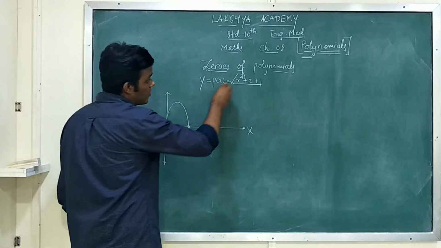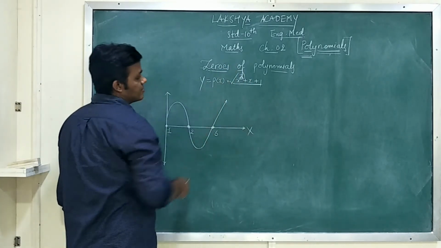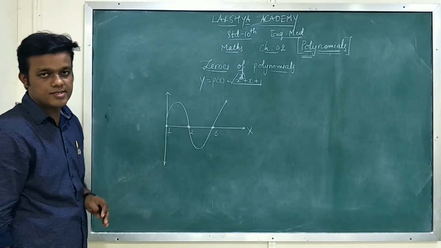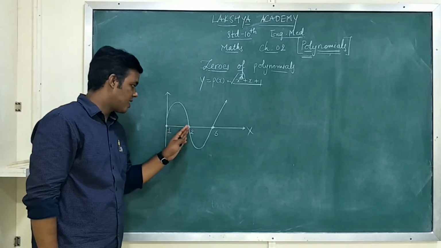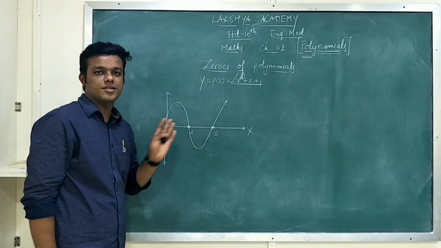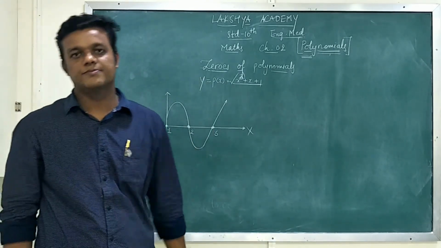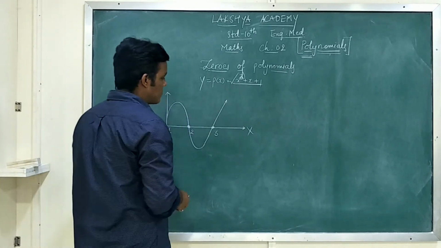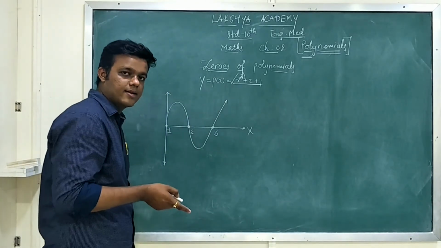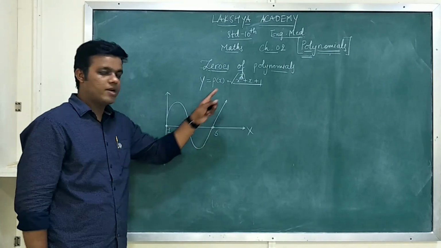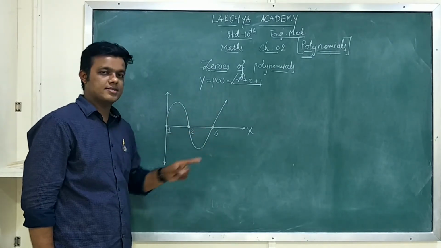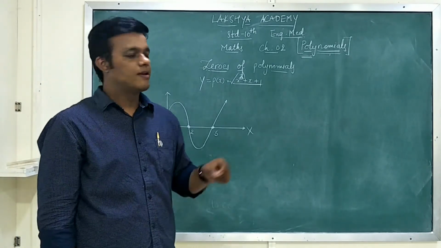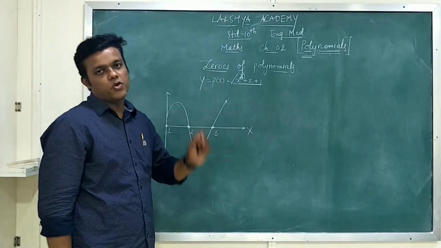So this must be a cubic equation rather than a quadratic equation, because we just discussed that if something is having 3 zeros, then it must be a cubic one, right? We just took an example of a quadratic one, but if the graph of the polynomial is intersecting the x-axis 3 times, then it must be an equation of cubic level.